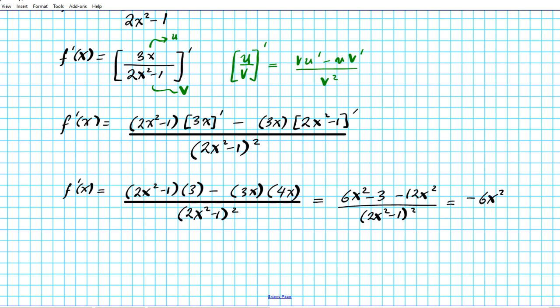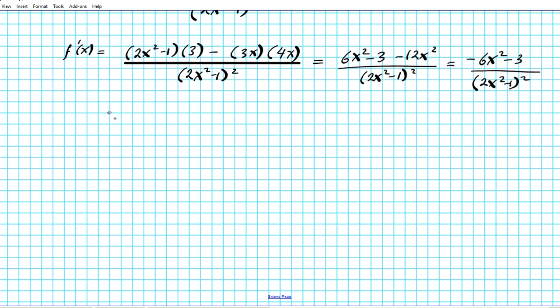It gives us negative 6x squared minus 3 divided by 2x squared minus 1 squared. Ladies and gentlemen, we have our derivative. Okay, let me just rewrite it over here. F prime of x equals negative 6x squared minus 3 divided by quantity 2x squared minus 1 squared.